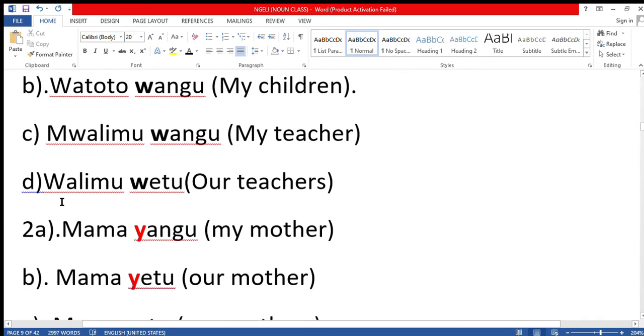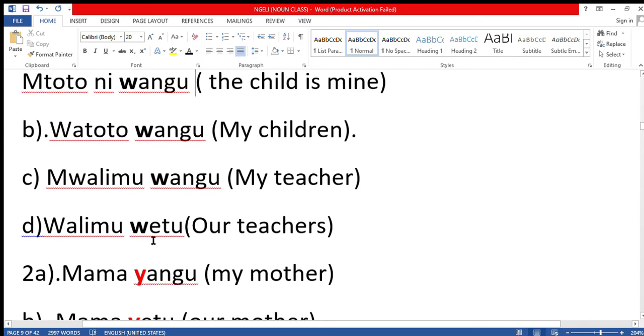Then here walimu wetu, our teachers. Walimu means there are many teachers, plural form. If all the teachers are mine, I will say walimu wangu, just the noun here. Now if the teachers are ours, I will say walimu wetu, our teachers. Sawa.